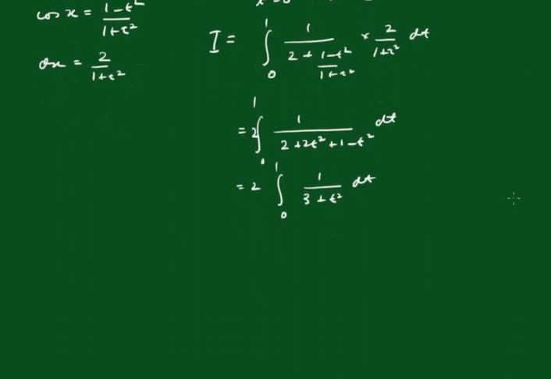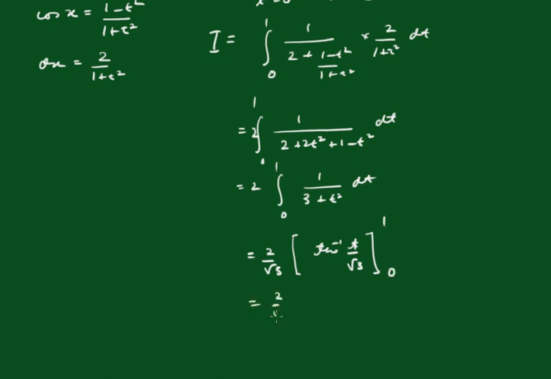And that's the inverse tan function, but that's root 3 squared, so that becomes 2 over root 3 tan to the minus 1 of t on root 3 between 1 and 0.